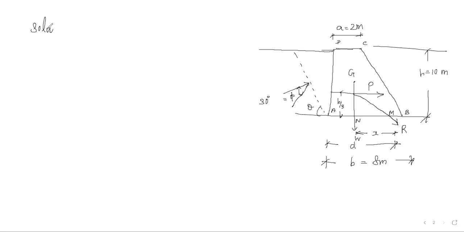So let us move on to the solution part. They have given the density of earth and masonry in terms of kg per meter cube. So kg we have to change to kilonewton per meter cube or newton per meter cube. Here the density we are going to denote by the letter rho.